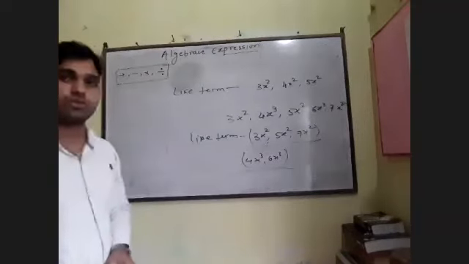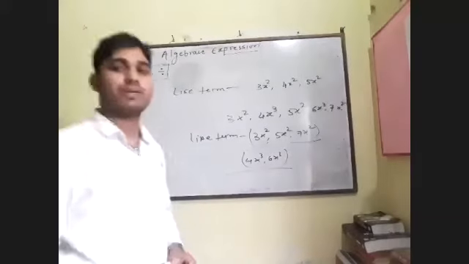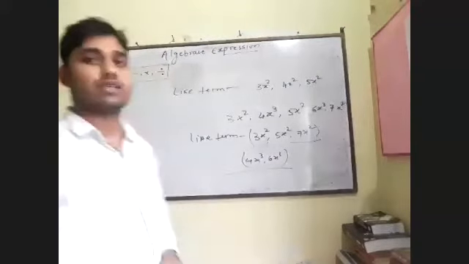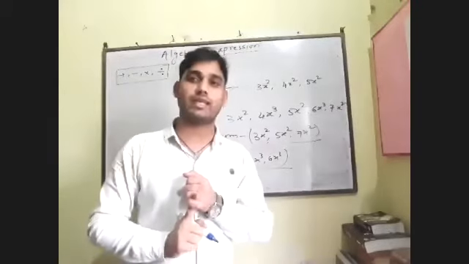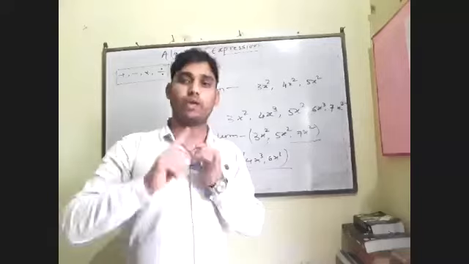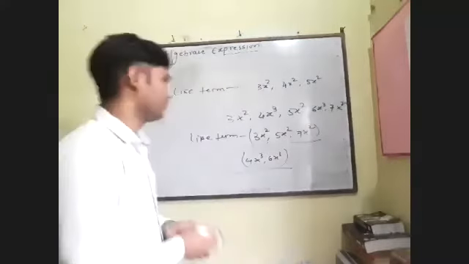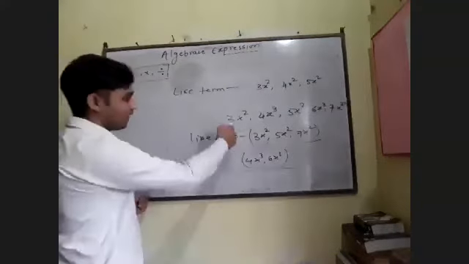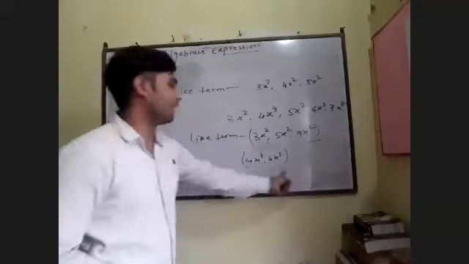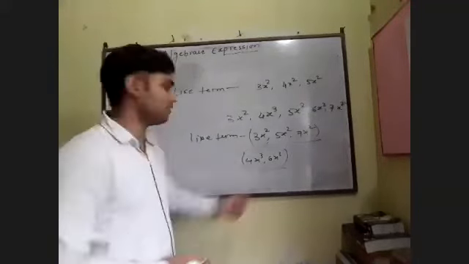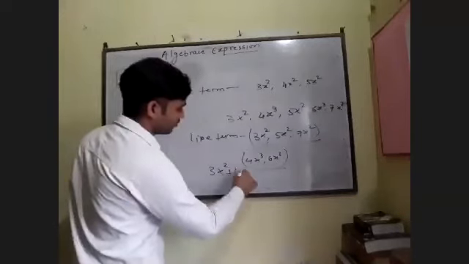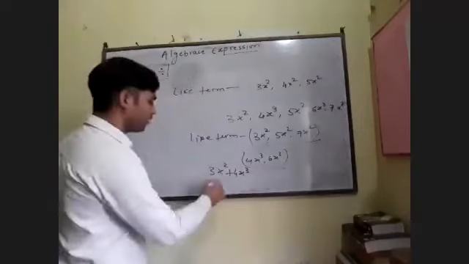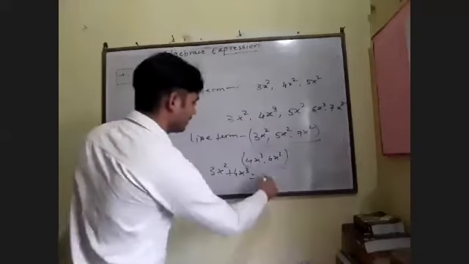So like terms means we can add like terms or we can subtract like terms. It doesn't mean we can't add or subtract unlike terms, but unlike means, if we take 3x square plus 4x cube and do 3 plus 4, that is 7.